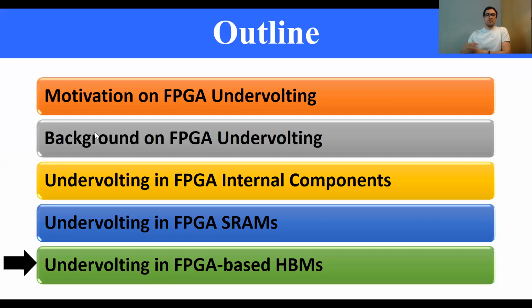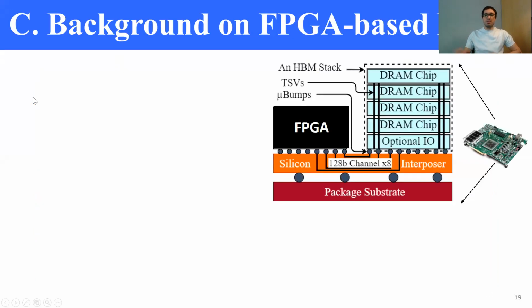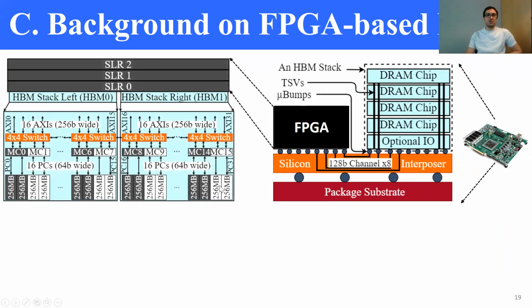And finally, I am going to talk about undervolting in high bandwidth memory, the last component that we have studied so far. HBMs, you remember this figure? It is showing a real FPGA-based HBM that we have tested from Xilinx. There are a few more details shown here.